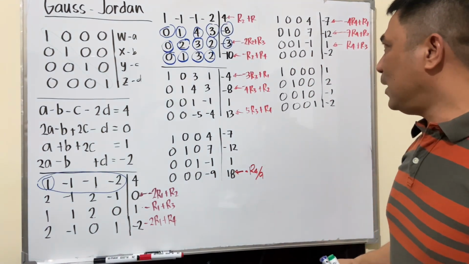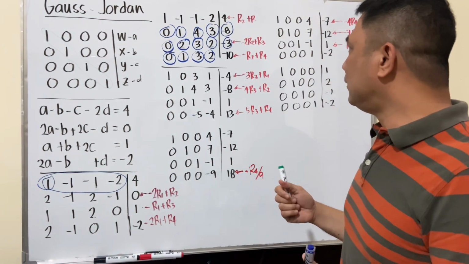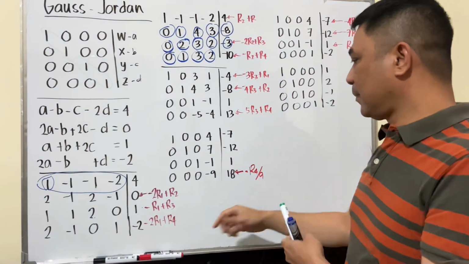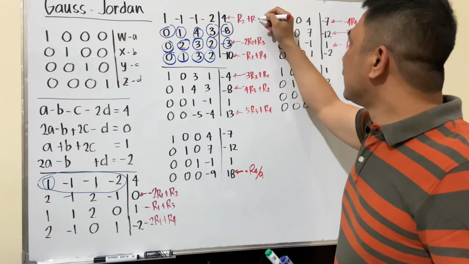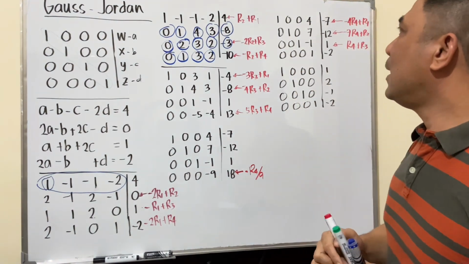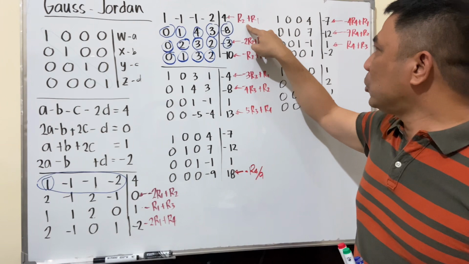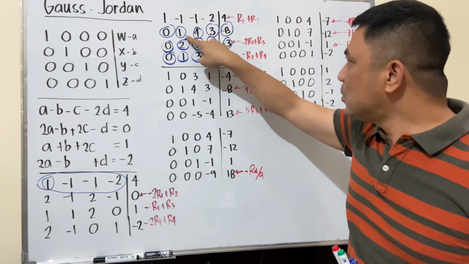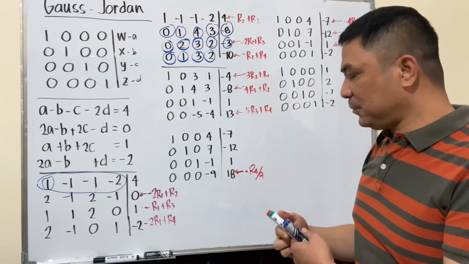So we put a formula here wherein we have R2 plus R1. If you add R2 plus R1, we can make this one a 0.